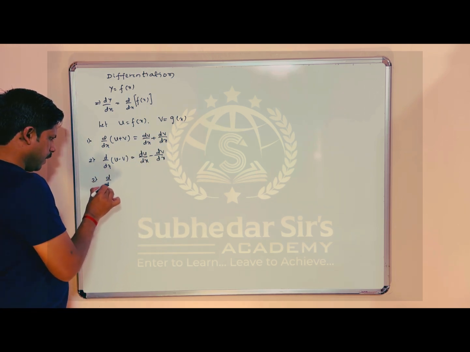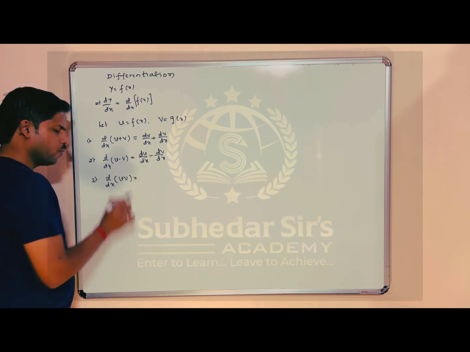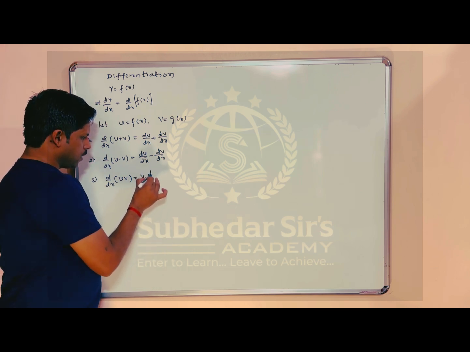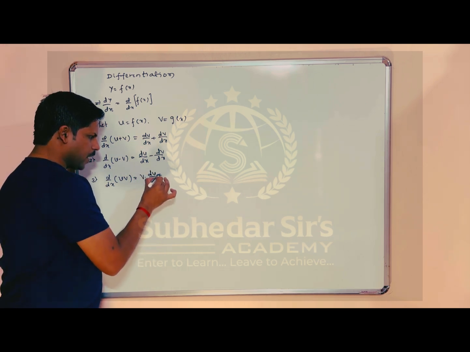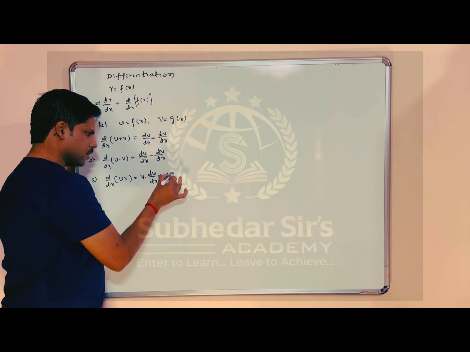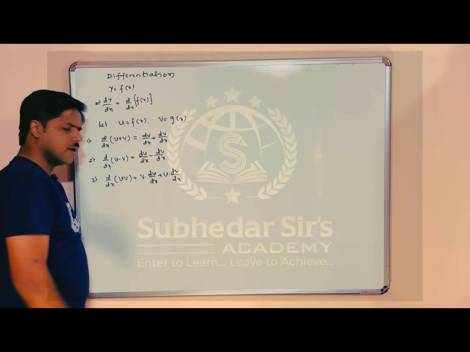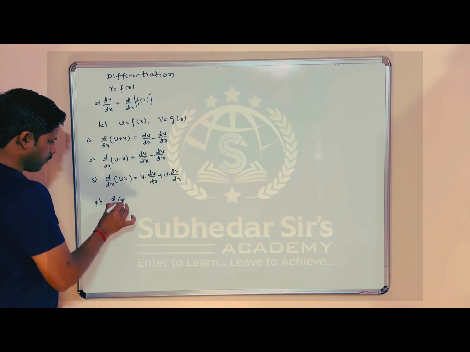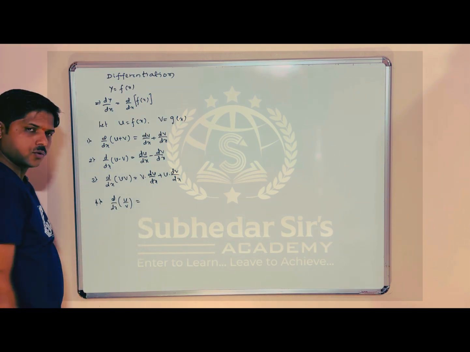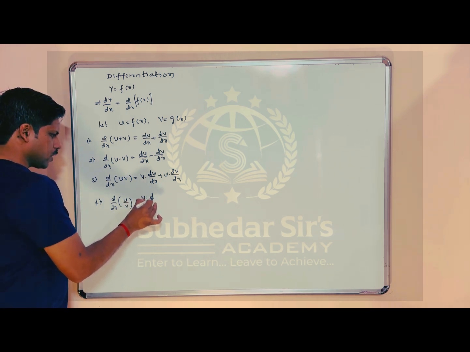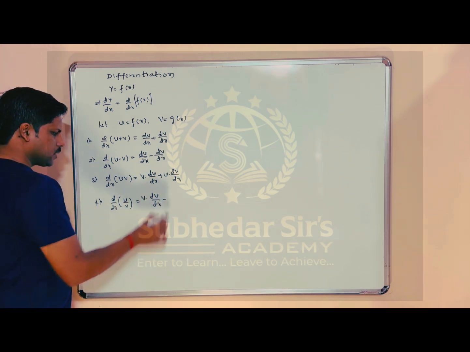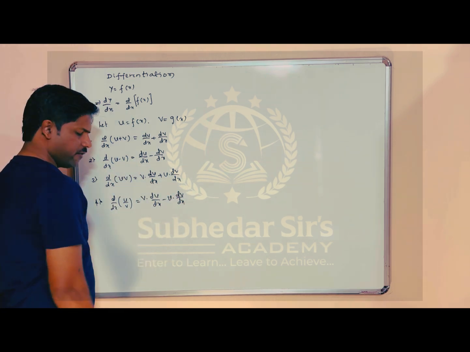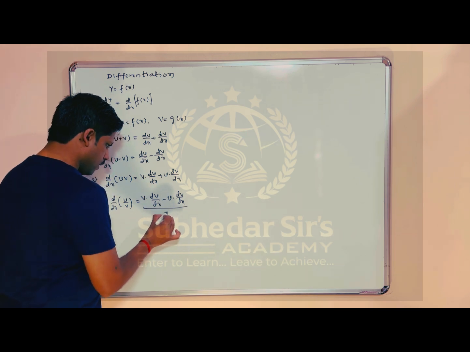Third one, d by dx of u into v is equal to, first I will keep the second function constant and differentiate the first function, plus keep the first function constant and differentiate the second function, that is dv by dx. Fourth one, d by dx of u by v is equal to, keep the second function constant, du by dx, minus keep the first function constant and differentiate the second function, dv by dx, whole divided by v square.